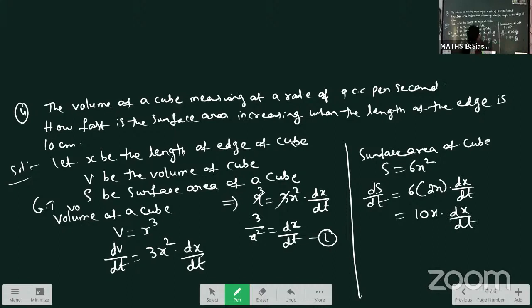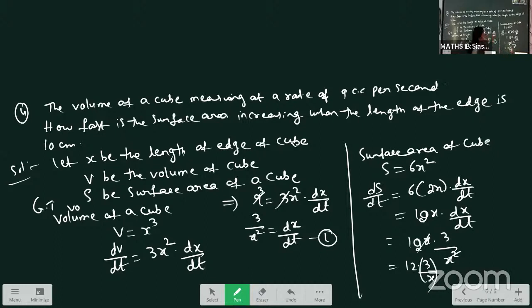For dx by dt we have 3 by x square. Take one x and cancel. So how much is left? 12 into 3 by x.